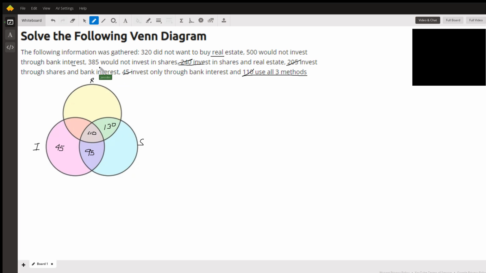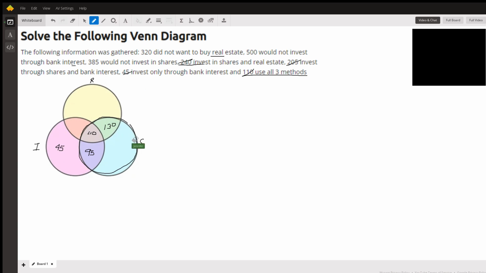Now 385 would not invest in shares. So not invest in shares. So remember this blue area here, this whole circle is all shares, right? So if you have 385 not invest in shares, that would be this area, and that area. So therefore, you need to add those three numbers, but you only have one number given, so you can't really find the other two.